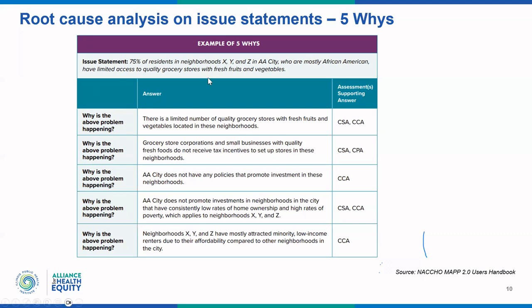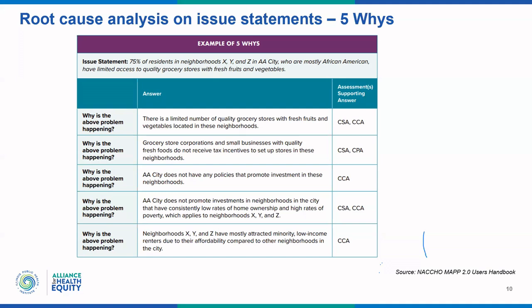So this gets us a very comprehensive set of interventions, as you can see. It also has us thinking about the level of intervention we want to act on. So we can work on policy to maybe create tax incentives for businesses to provide fresh fruits and vegetables in a neighborhood.